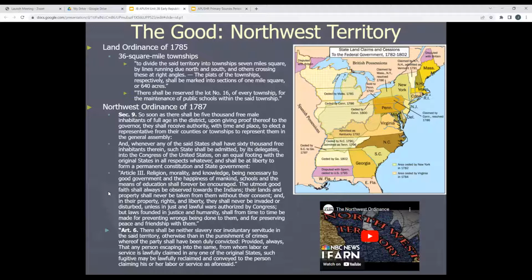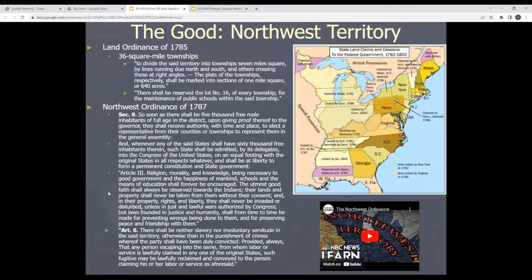Again, we're starting from scratch here in this Northwest Territory from the point of view of the delegates in the Articles of Confederation and national government. We want to start off really, really good based on these enlightened principles that we fought a revolution for, that we want to continue to promote as we move on in our future.